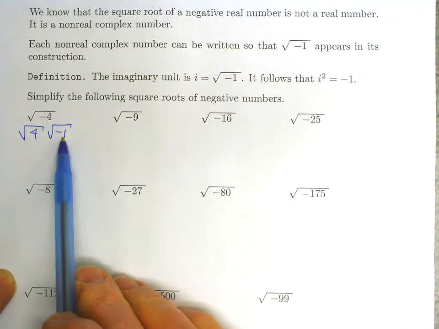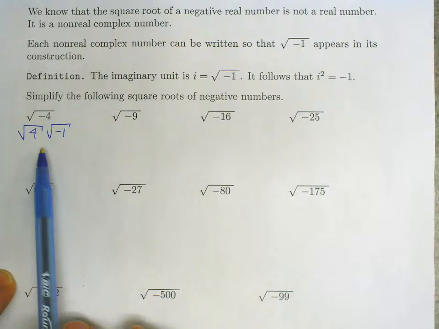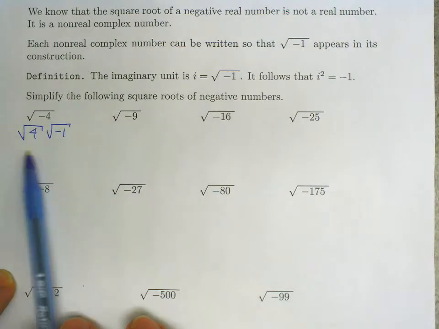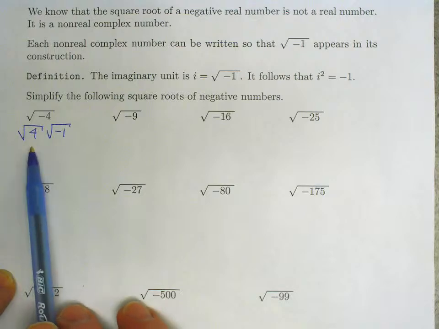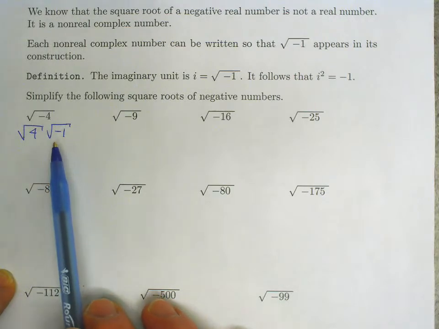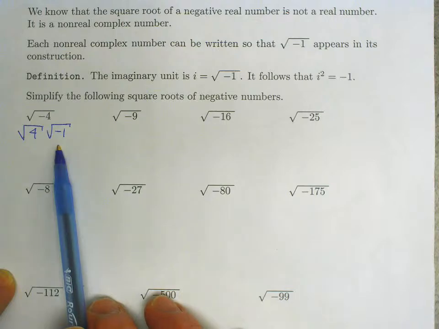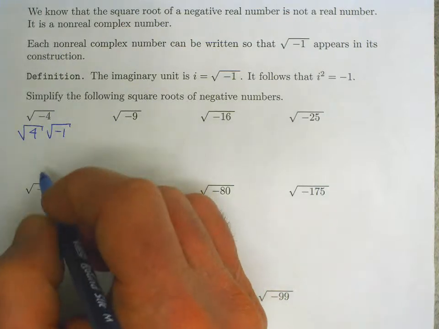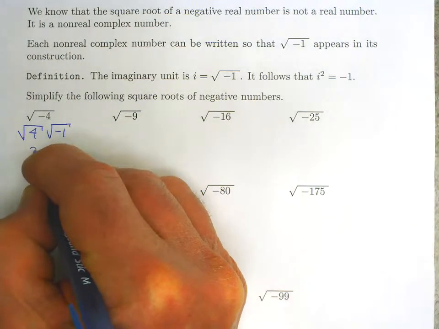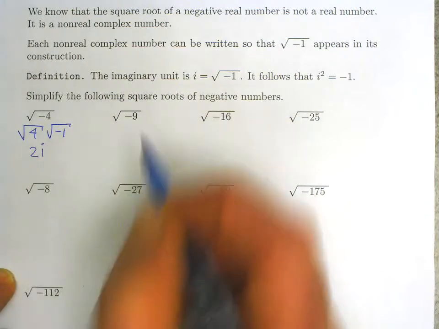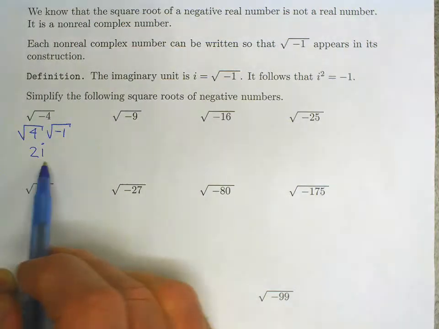We're just applying the product property of radicals. The square root of 4 simplifies to 2, and we replace the square root of -1 with i. So the square root of -4 simplifies to 2 times i. And that's all there is to it.